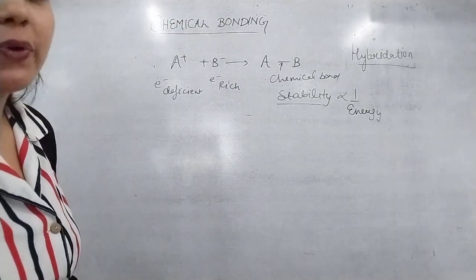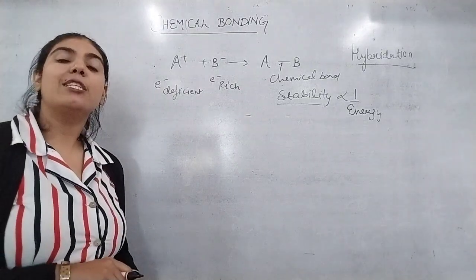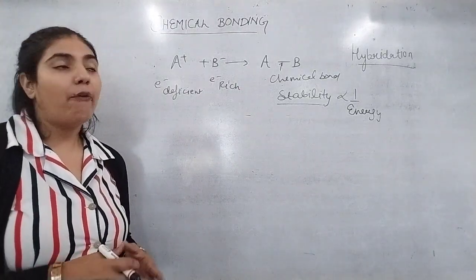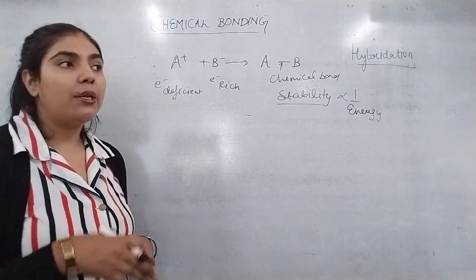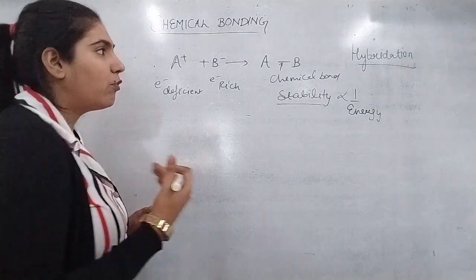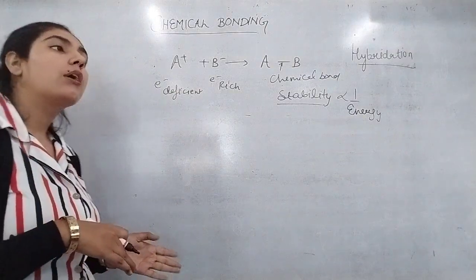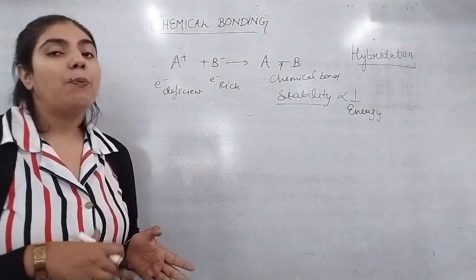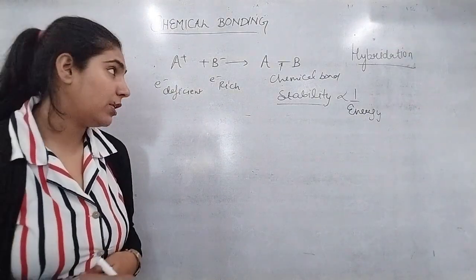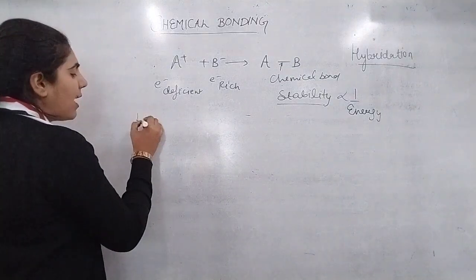In what orientation, at what angle are they bonding, and how do they exist in space? For those questions, we needed more complex theories: hybridization, molecular orbital theory, VSEPR theory. Right? So the next one was hybridization.